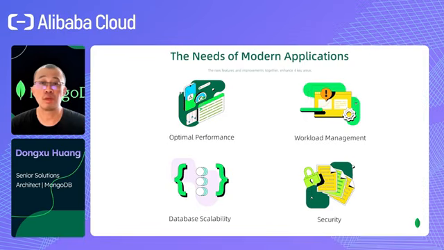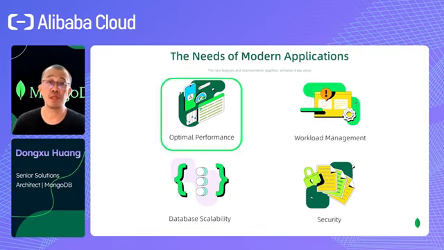So we're going to tell you how we handle variable workloads and how we are improving the management of workloads, especially under application stress. I'm also going to take you through some key improvements in how we're making sharding and scaling out more flexible and more cost effective. And then finally, we will delve into the improvements in security, which are obviously important to your customers. And first is performance.